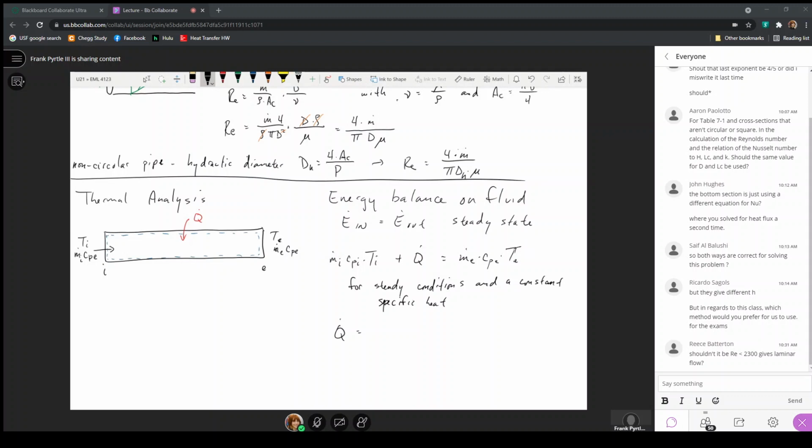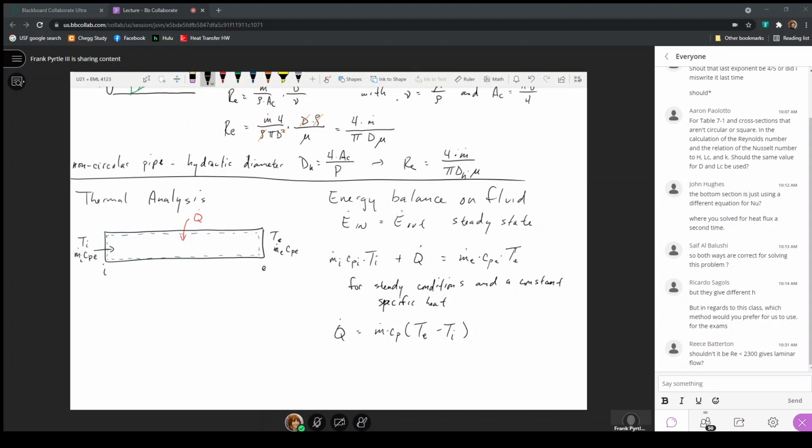They can just be written as a mass flow rate, m dot. If it's a constant specific heat, the specific heat at the exit and the specific heat at the inlet are the same. So I can write this as m dot times c sub p, times the temperature at the exit minus the temperature at the inlet.